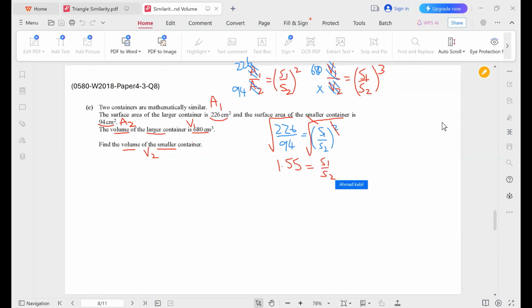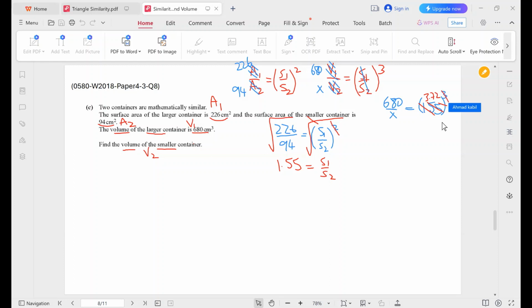We take the 1.55 and plug it into the second equation. So 680 over X equals, and then instead of this, we're going to write 1.55 to the power of 3. We evaluate 1.55 to the power of 3. This gives us 3.7238, or just 3.72. That would be fine.